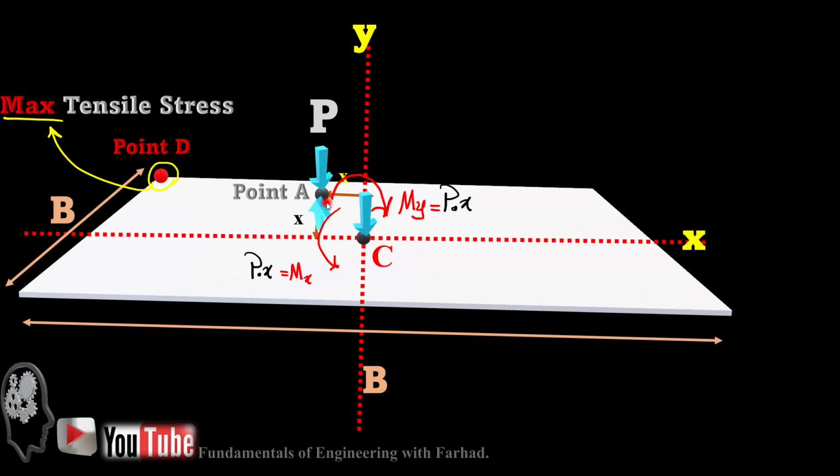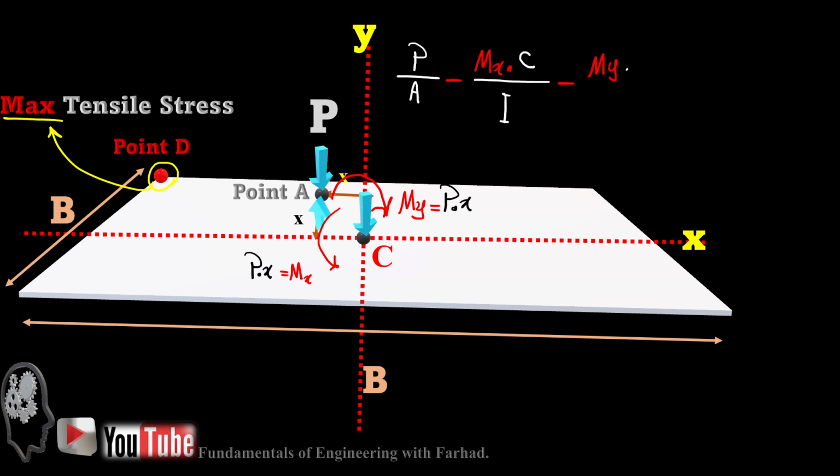And as you can see, the effect of these two moments are both tensile at the location D. So that's the critical point and that's the maximum tensile stress in our foundation under this point. So if this point is safe, our design is safe.